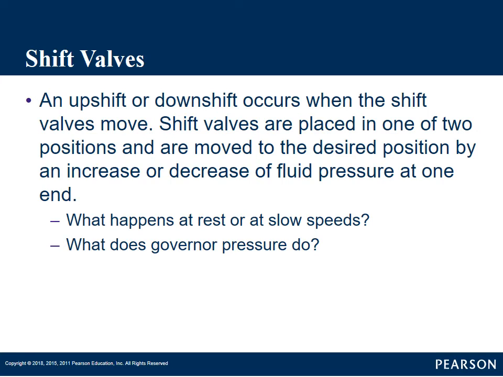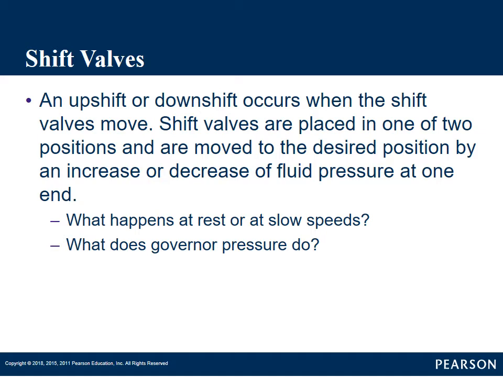Now we'll talk a little bit about our shift valves. We've talked about them some in the previous lesson, when we were talking about governor and throttle valve pressure, how these work. Our shift valves are what actually give us the shifts in our transmission, our different speeds in our transmission. So a valve has to move one way or another to get the transmission to shift.